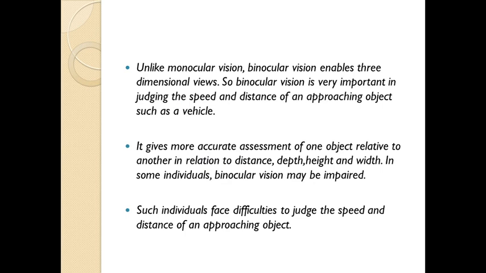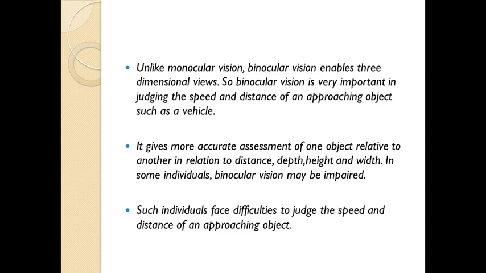So binocular vision is very important in judging the speed and distance of an approaching object such as a vehicle. It gives a more accurate assessment of one object relative to another in relation to distance, depth, height, and width. So binocular vision can give a more accurate assessment of various parameters when a comparison happens.